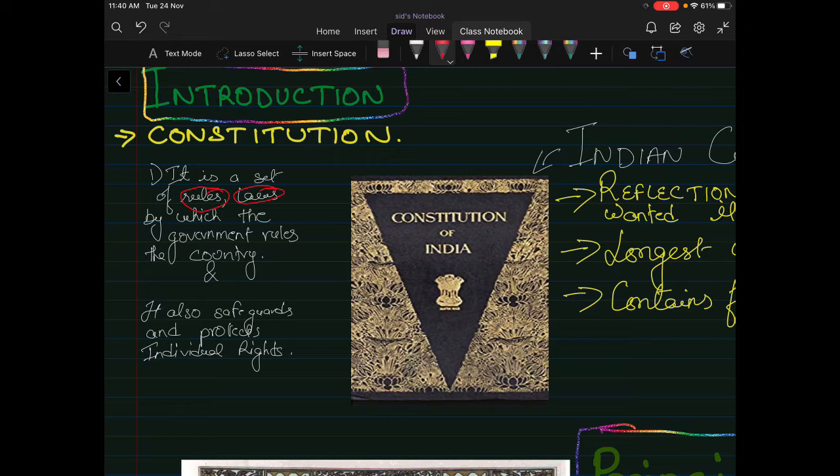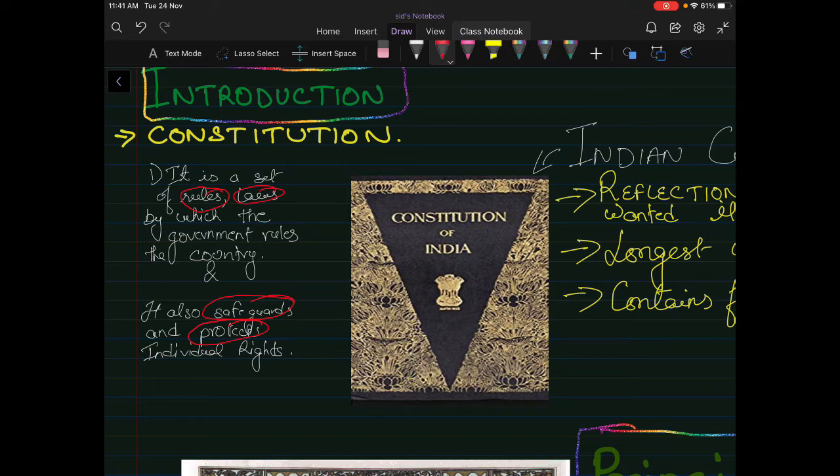And it is also a book which safeguards or protects our individual rights. So if anyone asks you what you mean by a constitution, you should be able to tell them that it is a set of rules and laws by which the government rules the country, and it is also a book which safeguards and protects individual human rights.